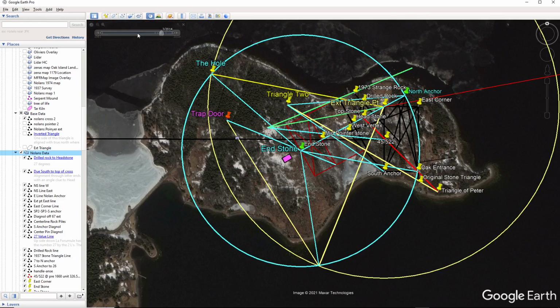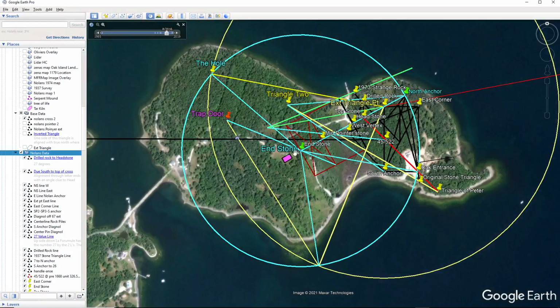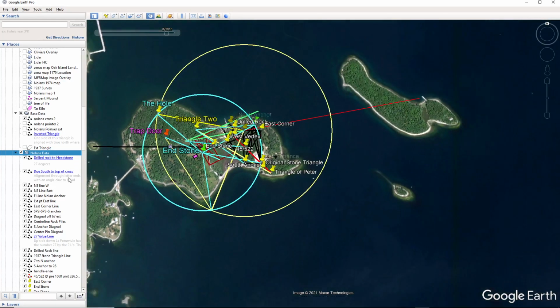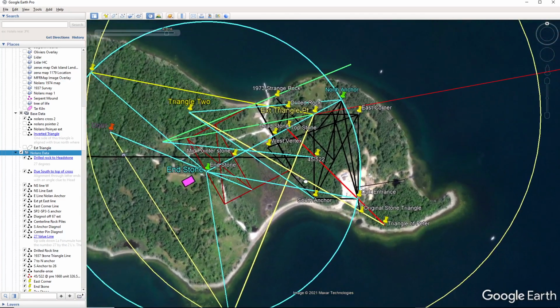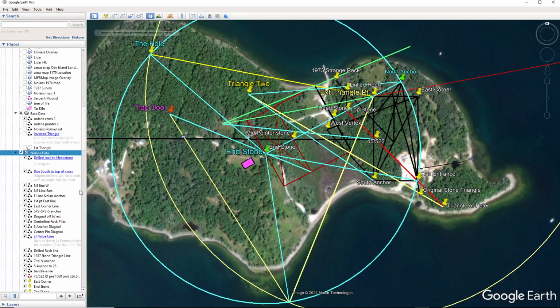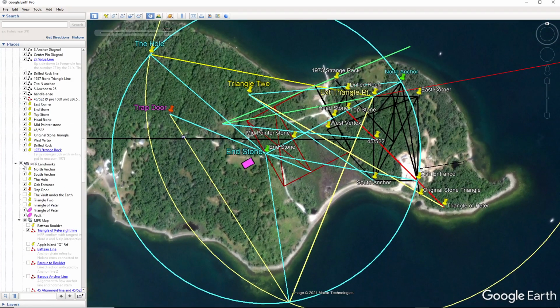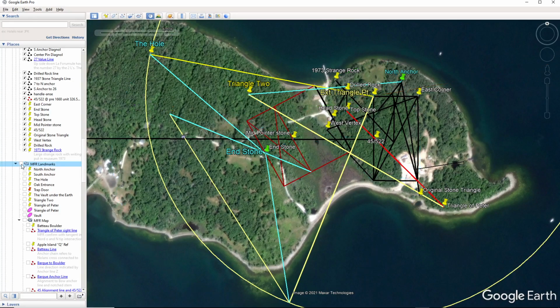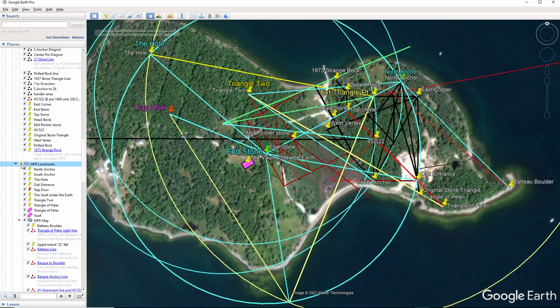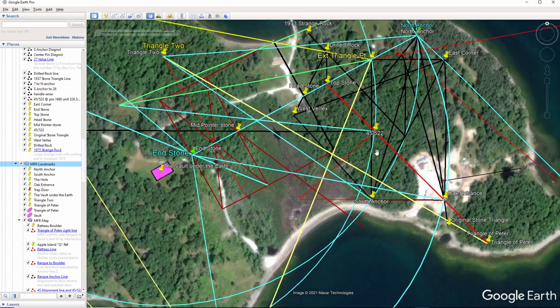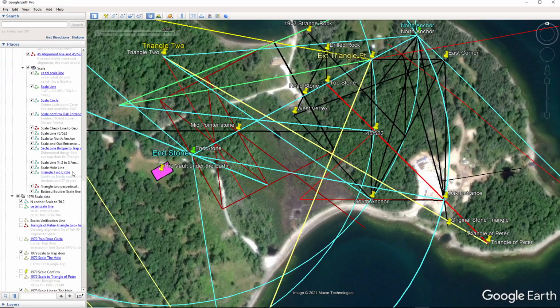There's that. There's Fred Nolan's data right there. And then we have all the data from the Rochefoucauld map. And as you can see, it gets pretty busy.